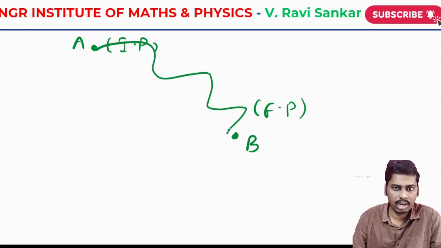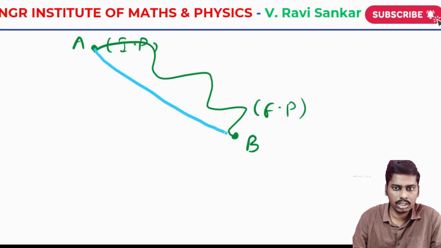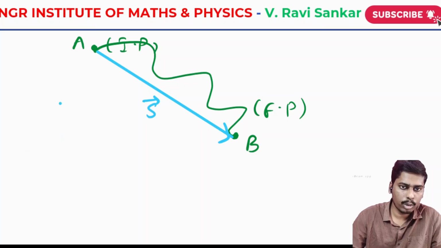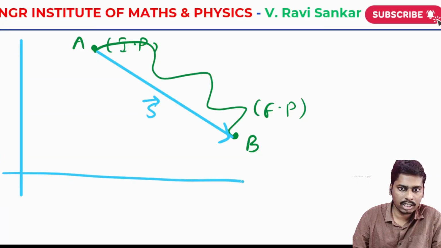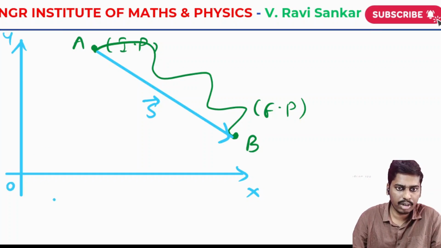Suppose it travels like this, and this is the displacement, right? This is the displacement S vector. And suppose I take the coordinate axis over here. This is x-axis and this is y-axis. This is the origin. This is a frame of reference.